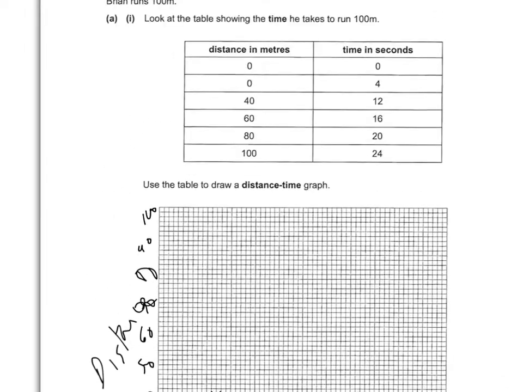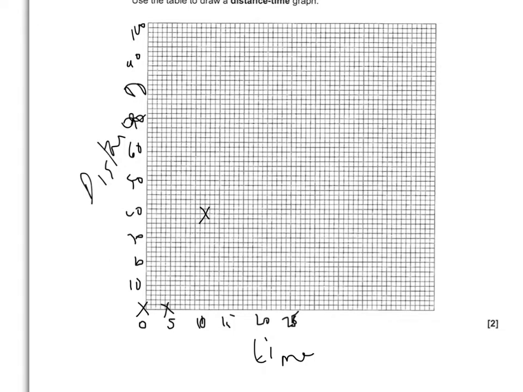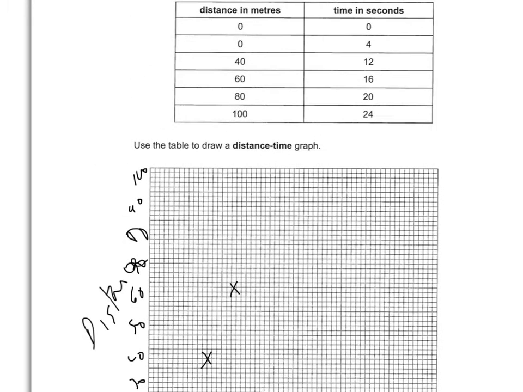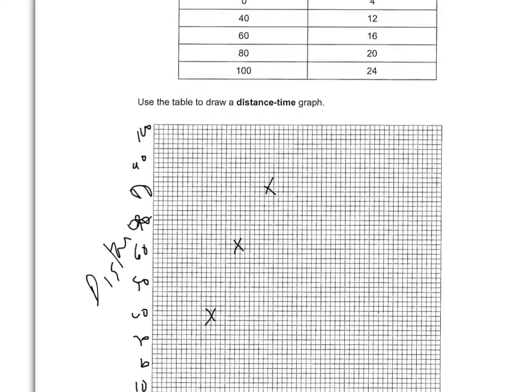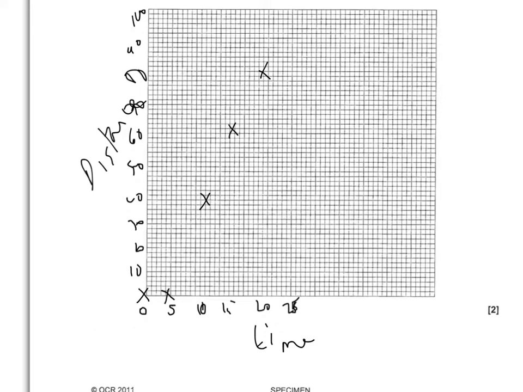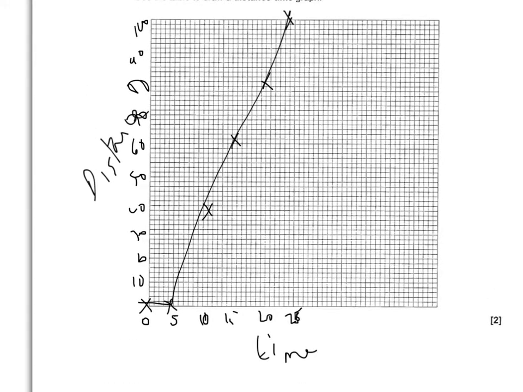Around there. 60 and 16. 80 and 20. And then 124. Something like that. Join the dots. So you get 1 mark for making sure your axis is the right way around, and the second mark for the rest, basically, making sure your points are plotted correctly and your scales are correct.